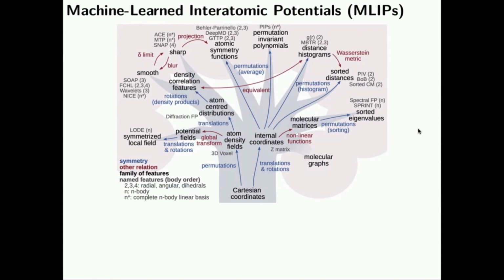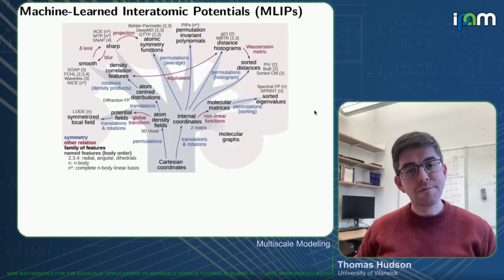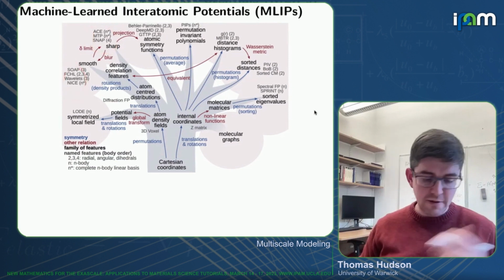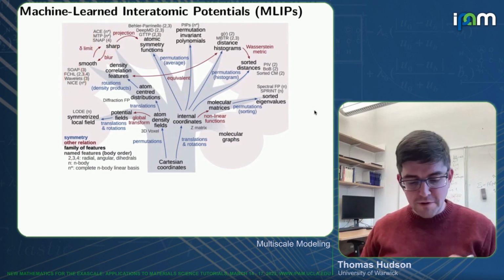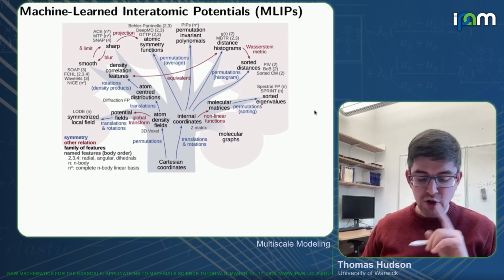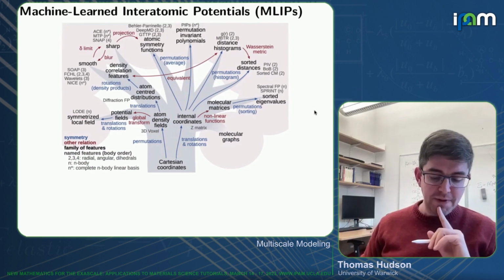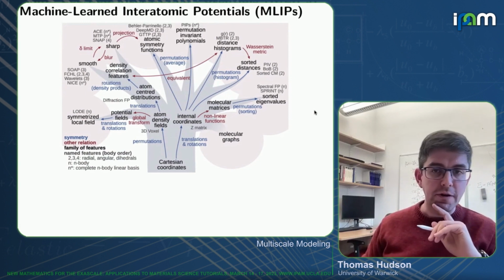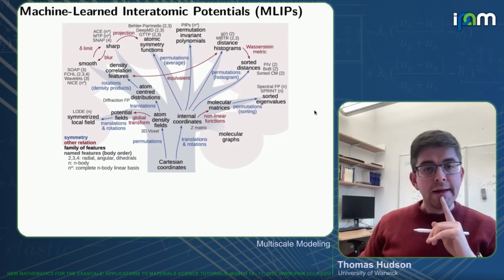This family tree shows you the different approaches that exist and how they differ and how they're similar in many cases. So we have things like ACE and SNAP up here, SOAP, and lots of other variations on machine learning approaches that are based on different kinds of coordinates and reductions of the information.